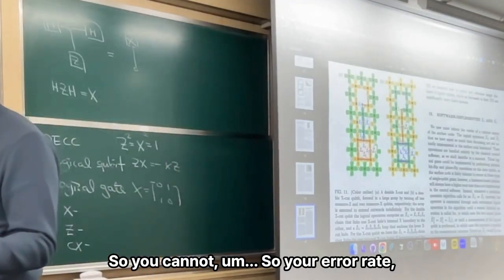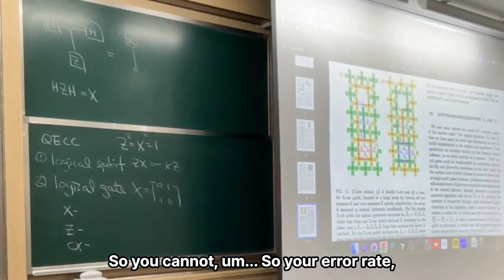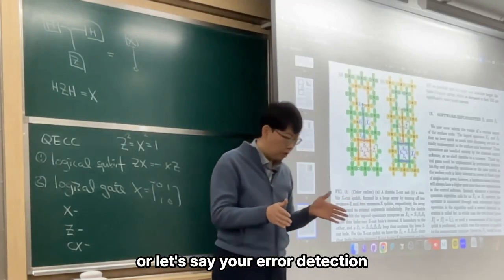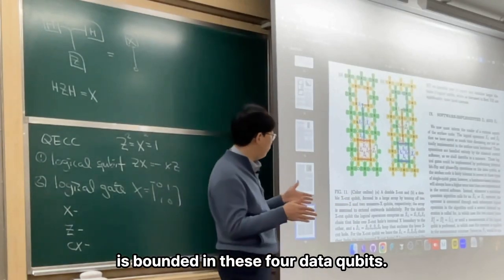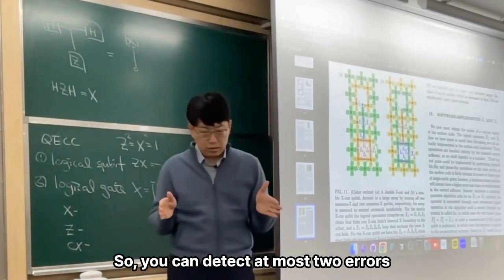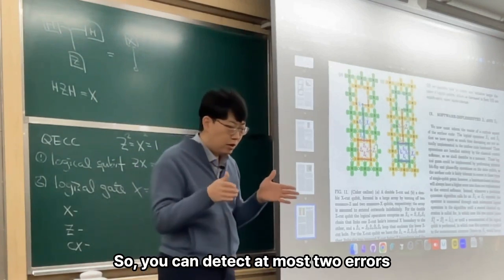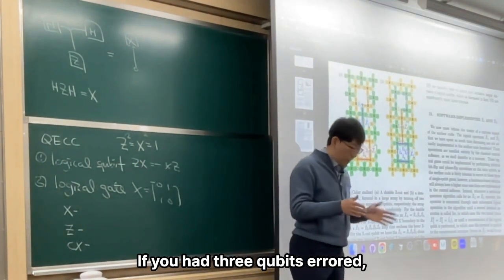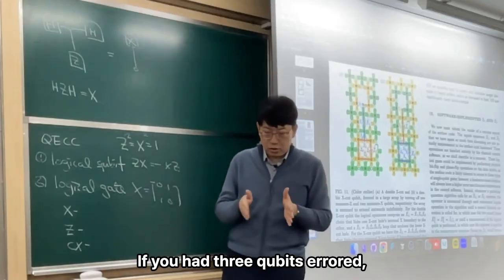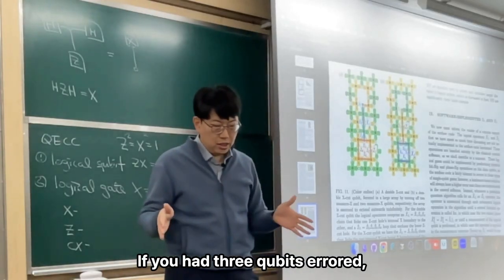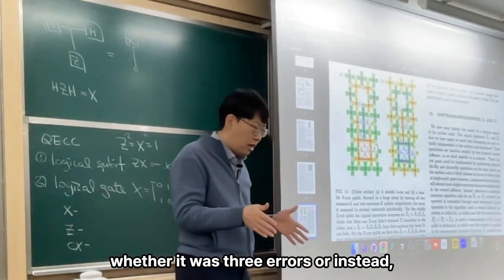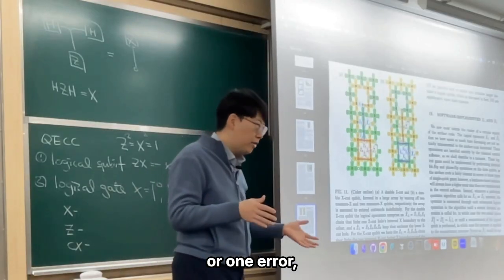So your error detection is bounded to these 4 data qubits. So you can detect at most 2 errors in 2 different data qubits for this chain. If you had 3 qubit errors, you can't distinguish whether it was 3 errors or 1 error.